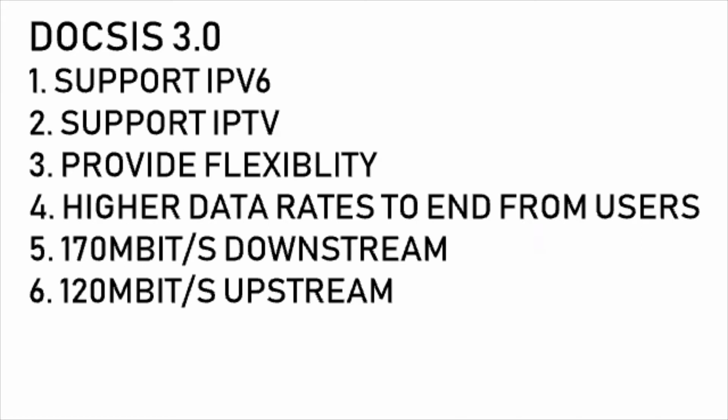The newest DOCSIS standard 3.0 provides several important novelties such as support for IPv6 and IPTV. With channel bonding in DOCSIS 3.0, the cable network can provide a bitrate of up to at least 170 megabits per second in downstream and 120 megabits per second in upstream for a given end user.